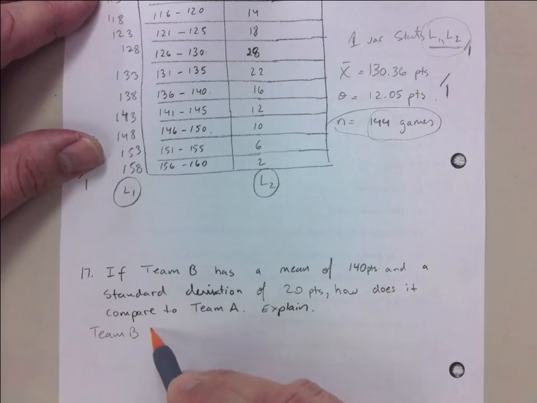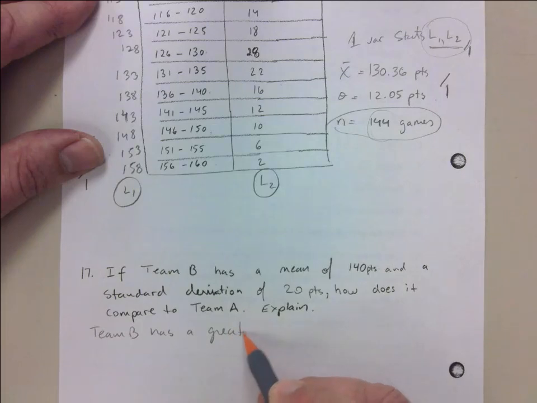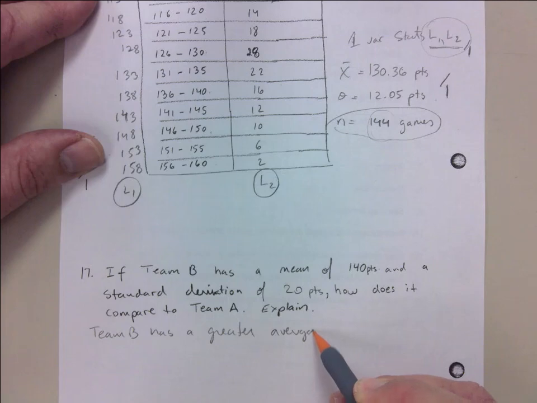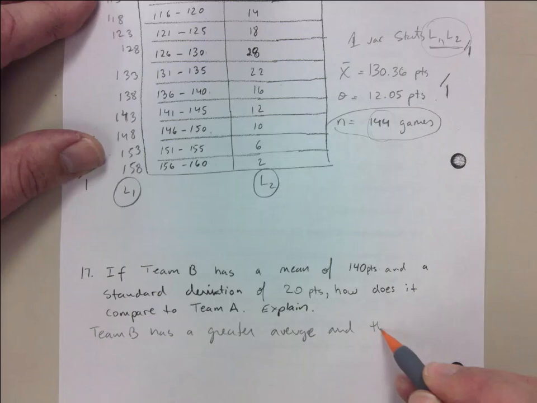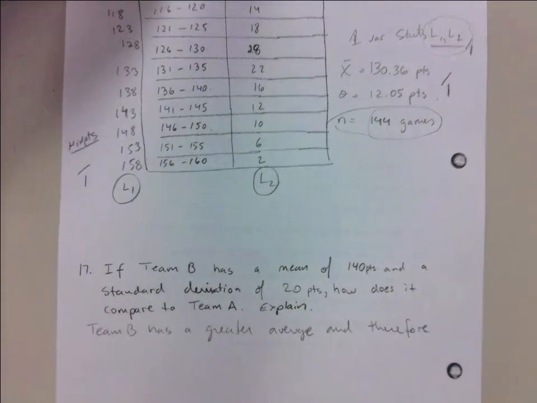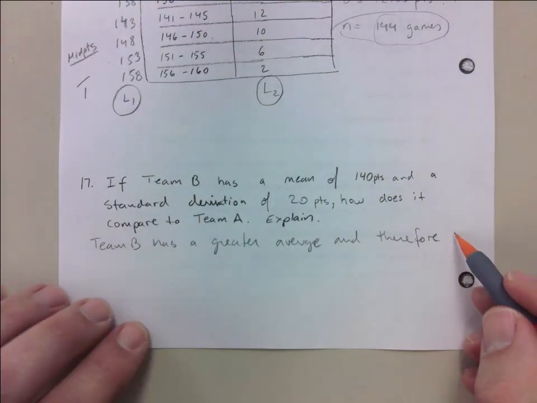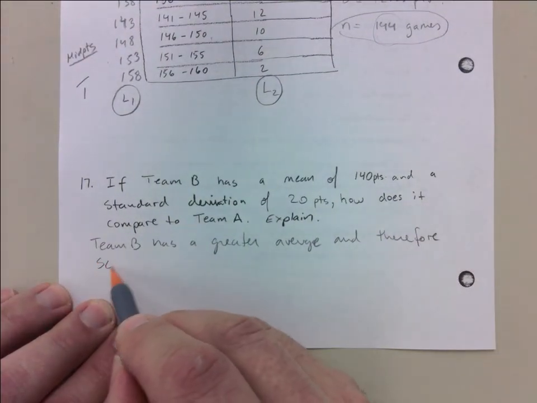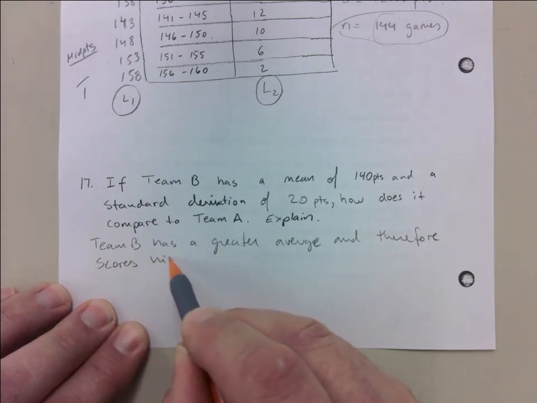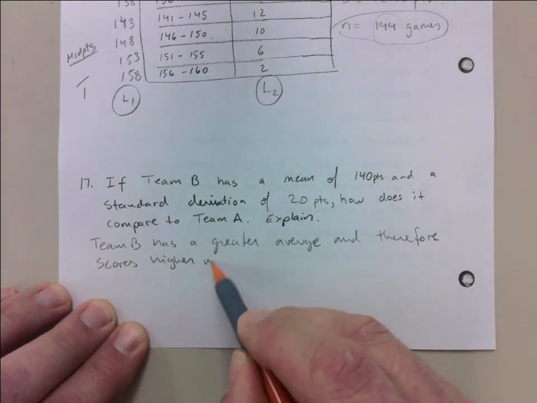Team B has a greater average, okay? And therefore scores higher most of the time.